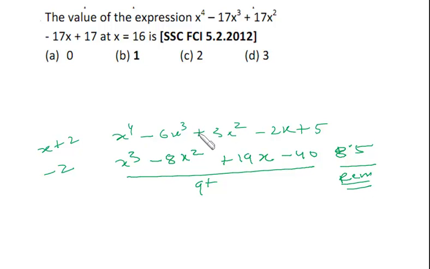I'm sorry, remainder when you divide this expression by x plus 2, and value of this expression when you put x is equal to minus 2. Both of them will be 85. So how simple it is, can be performed in just one line, right? I hope you are clear with this method now.